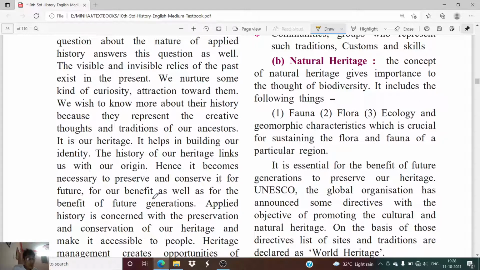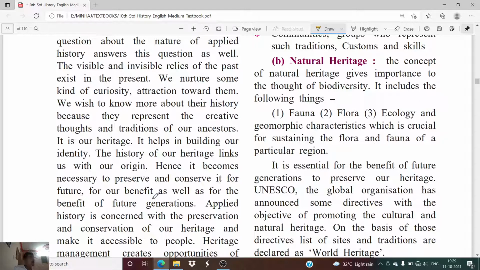Also, applied history provides employment. And how does it provide employment? We get the answers by studying the monuments, artifacts, and relics. It is very important to preserve all these monuments, relics, artifacts, and historical heritages, and definitely if we want to preserve them, we need people, we need labor to preserve these artifacts and heritages.